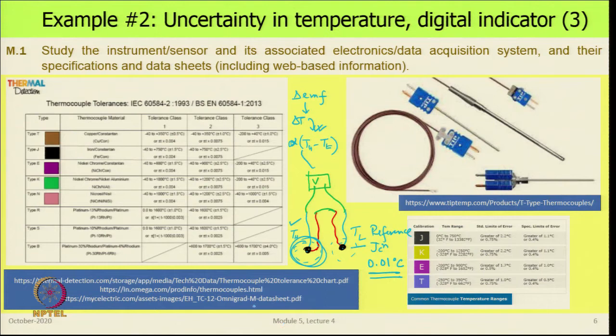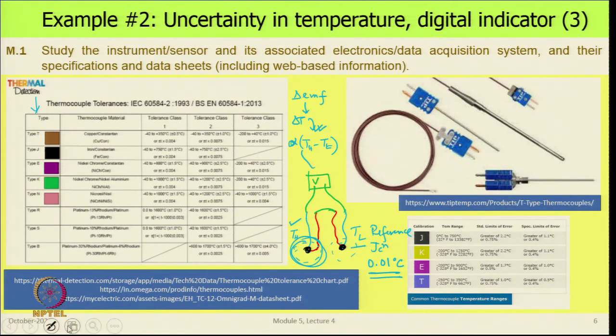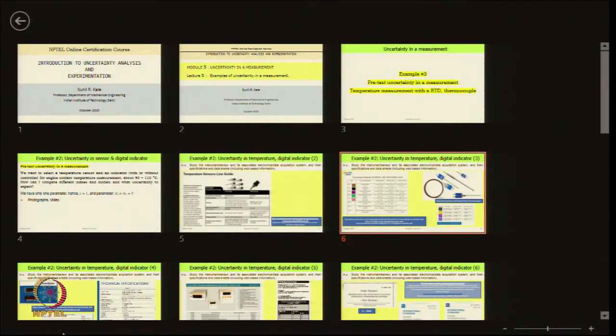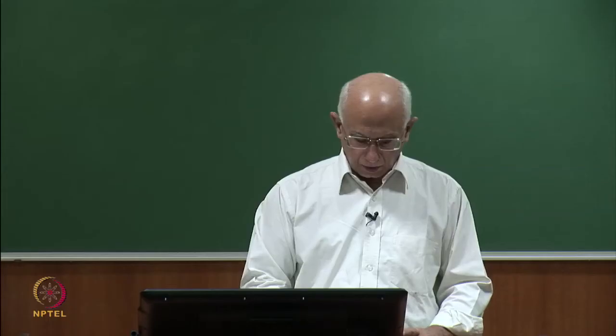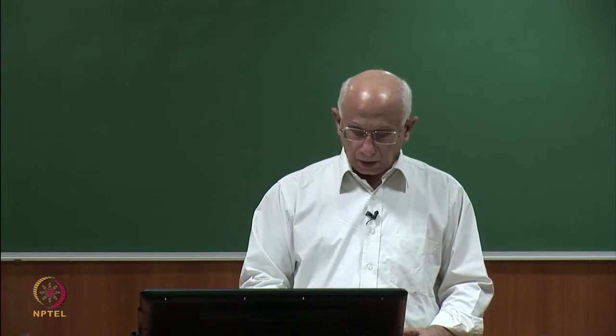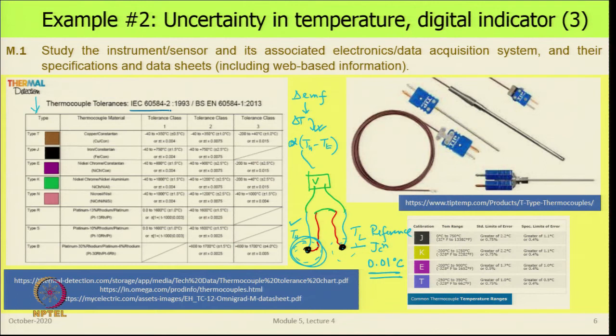Now, thermocouples come in a few common categories or types that they are called, and that is listed here. So, this table is taken from an international standard which governs thermocouples. So, this is the international standard IEC 60584, and there are equivalent standards from ANSI, ISO, IS.